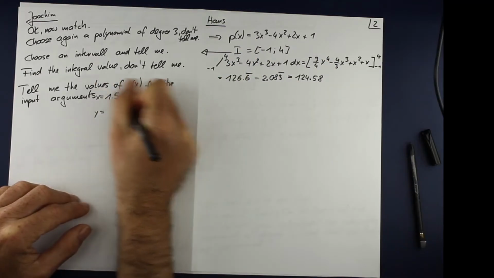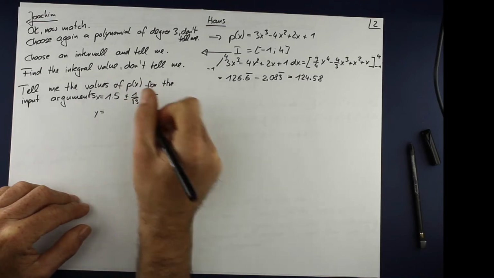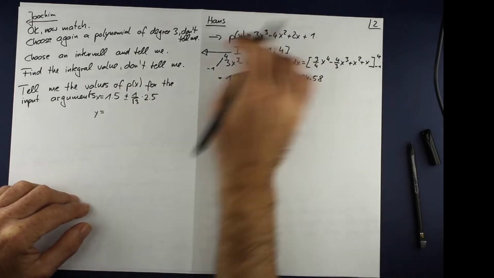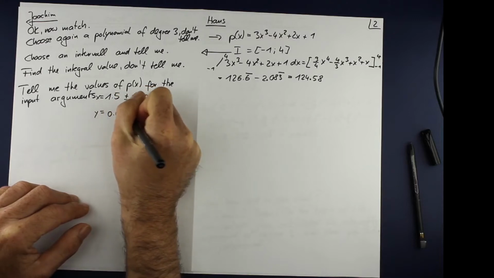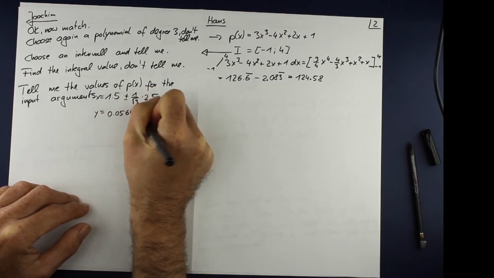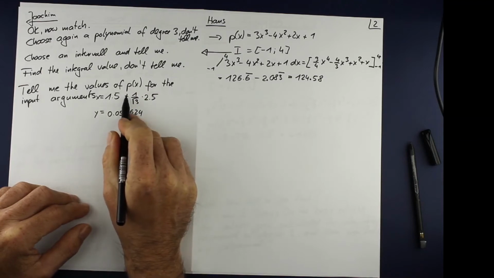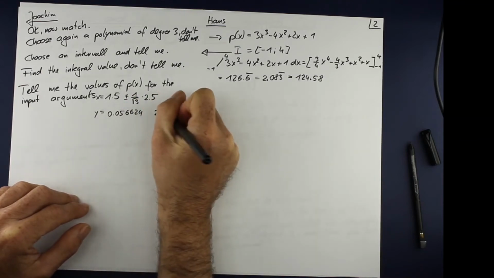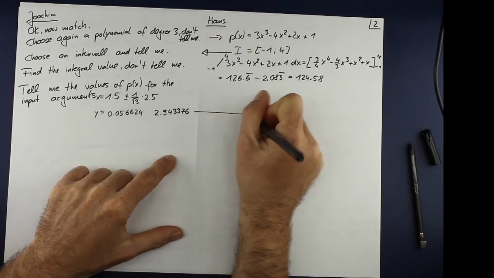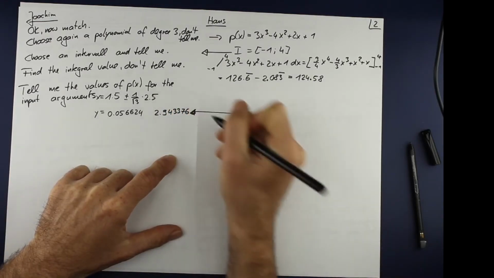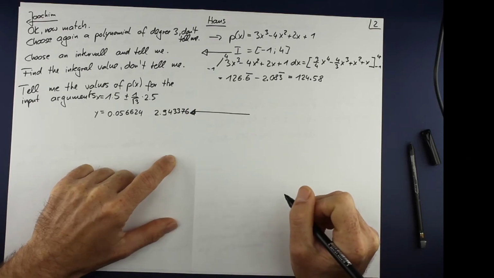So these are the input values, and the function value at these positions is 0.05664 for the minus, and for the plus 2.943376, and I get this information from Hans.